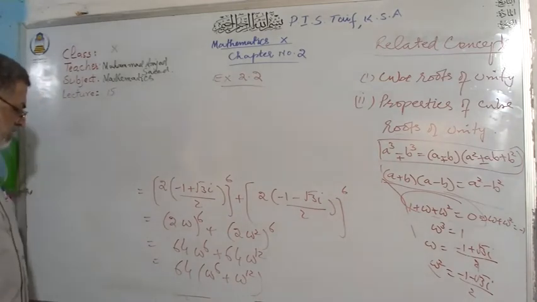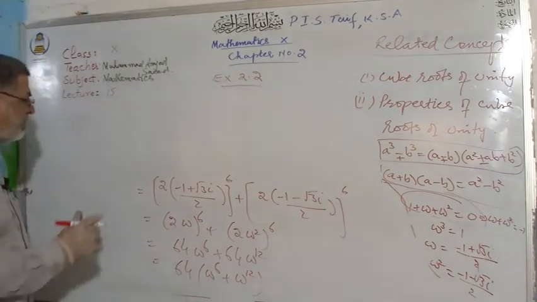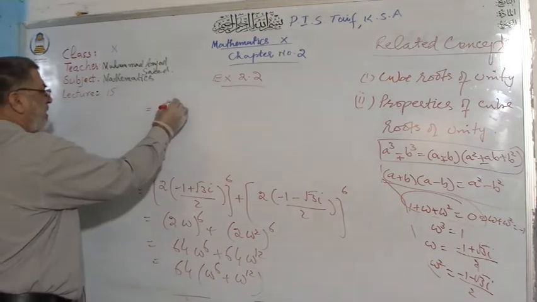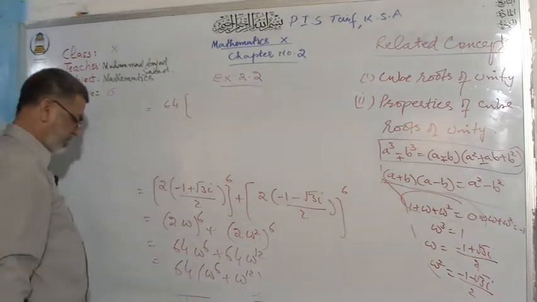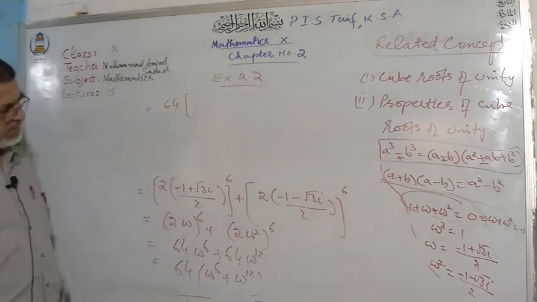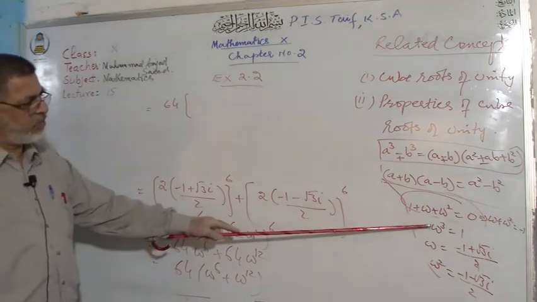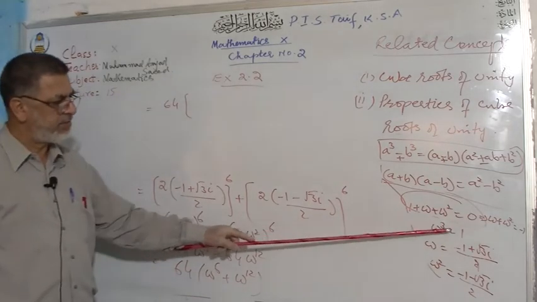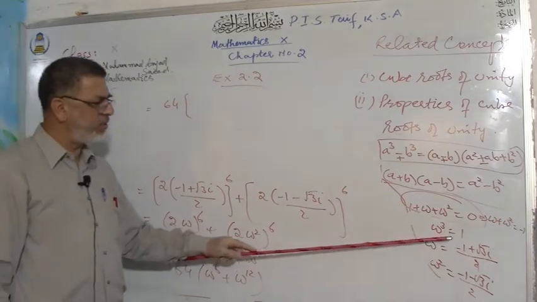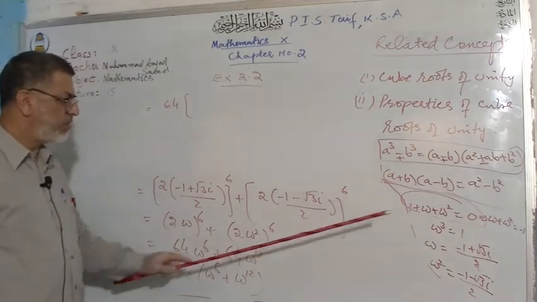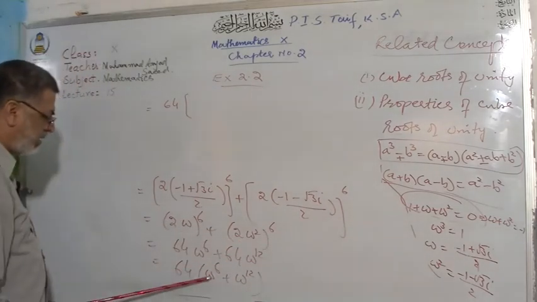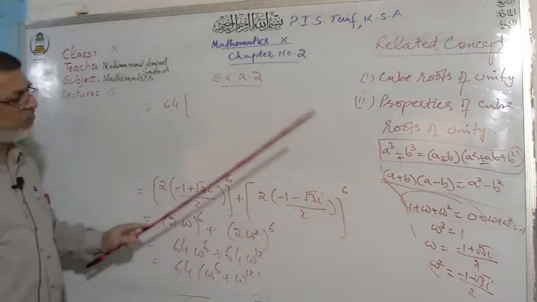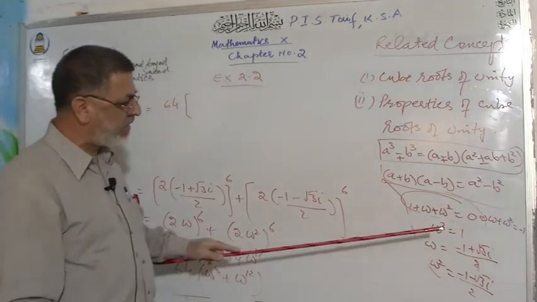Now, dear students, you can check 64 into omega 6. Remember that we have omega cube is equal to 1. In case of omega cube is equal to 1, you have to convert omega 6, omega 12 one way or another in this shape.